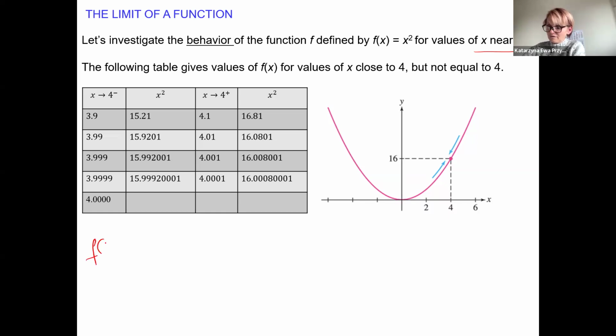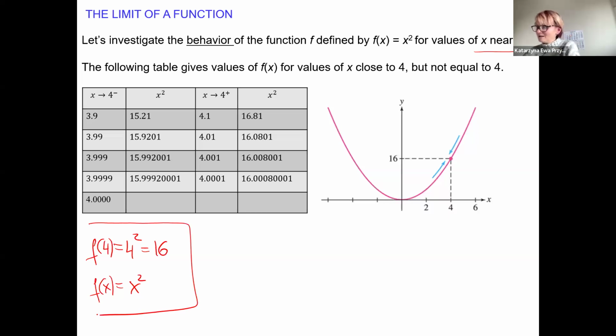And if we would like to find the value, the function is defined as x squared. That means what is exactly the value at 4? Can you help me? I was going to write 4 squared, 16. Okay, we know the value. That's not a problem.